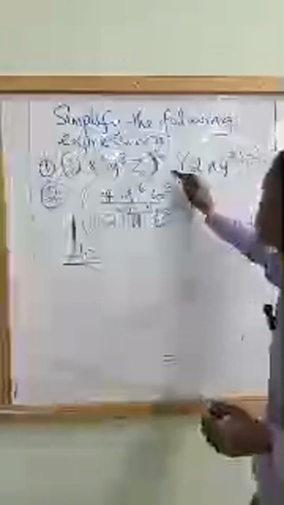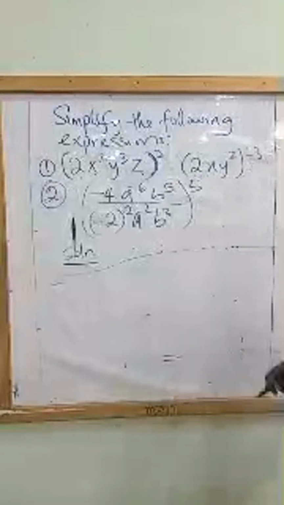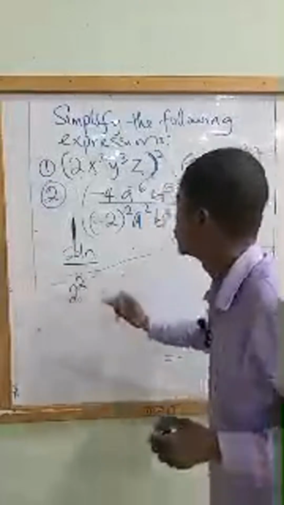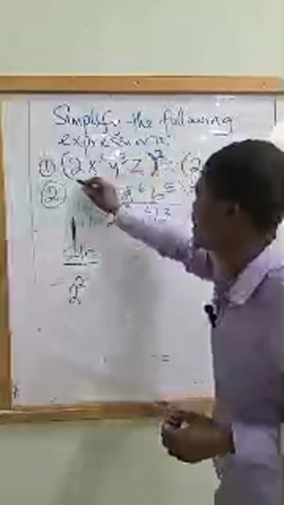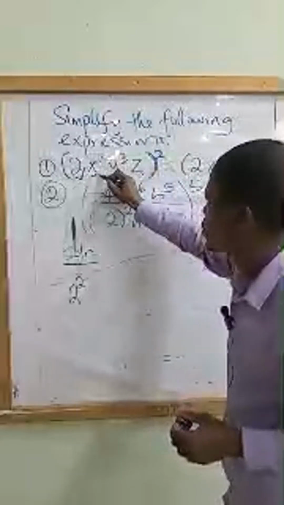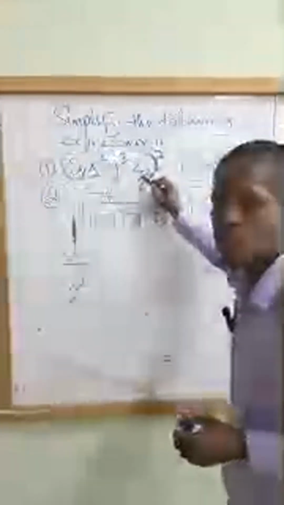Okay, times 2xy squared to power minus 3. So this will be equal to 2 to the power 2. This part here, we affect each of the content. We affect this one, we affect this one, we affect the y cube, and we affect the z.